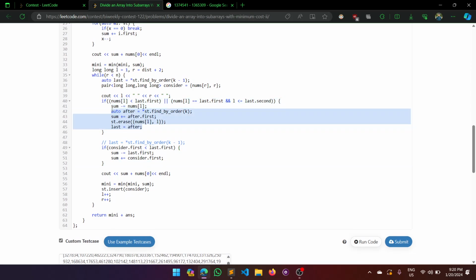at this point we have considered element. Because we have removed L, right?